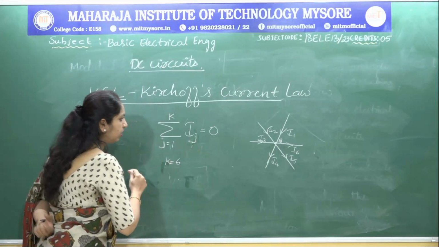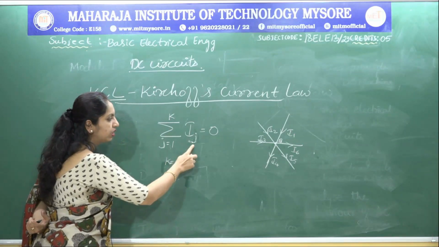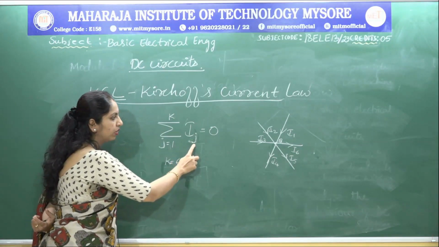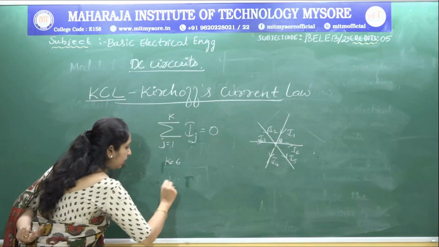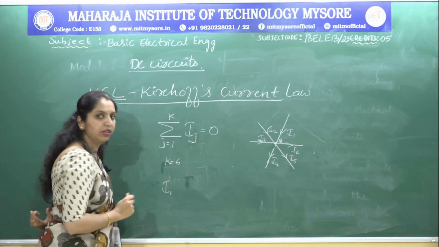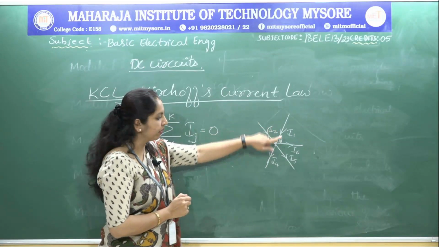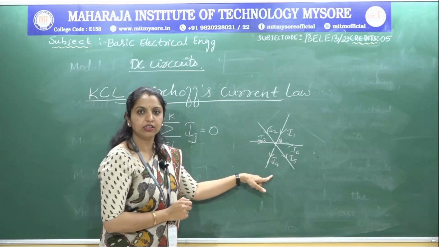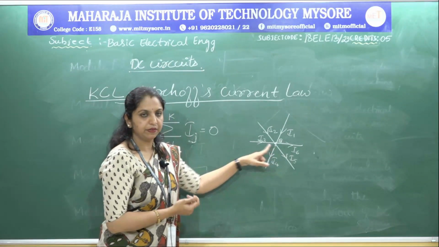With this circuit, I can write this equation as, if J is equal to 1, the I1 current is entering the junction, and currents entering the junction are treated as positive, and currents leaving the junction are considered negative.